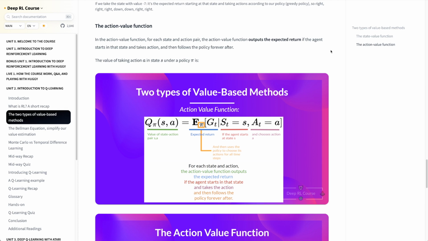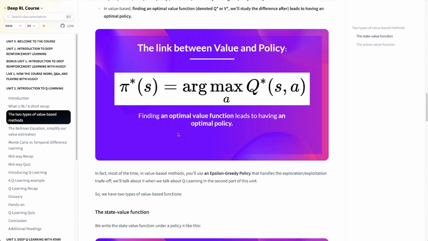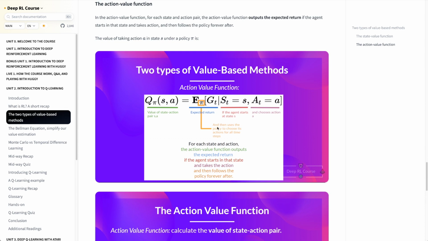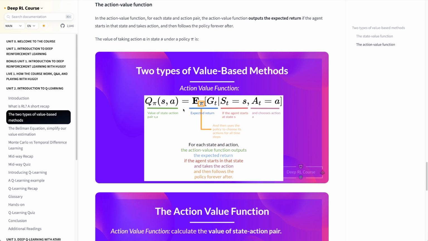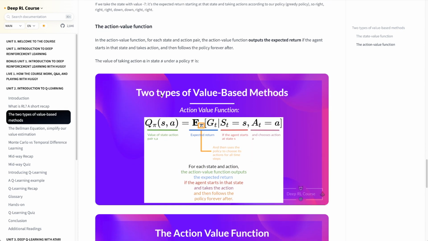So the difference between this formula and the one above, it's still Q. So it's this one was the one above, the state value function. It's the action value function, right? So here, instead of V, it's a Q, and it's a Q pi, and this is the state action pair, S and A, whereas the state value function only had the S, and this part is roughly the same.